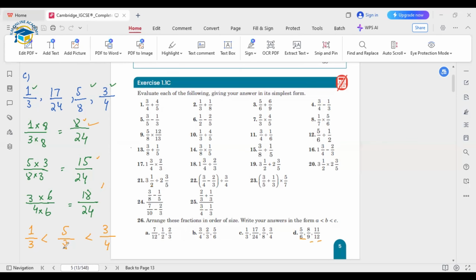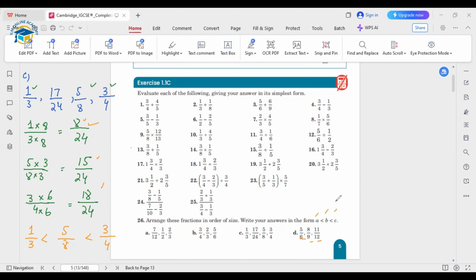I have arranged in increasing order. You can also arrange them in decreasing order. This depends on what the question is asking for. Here they are asking you to arrange them in the form ABC, which means the least one and then the greater one. So accordingly, we have arranged them.